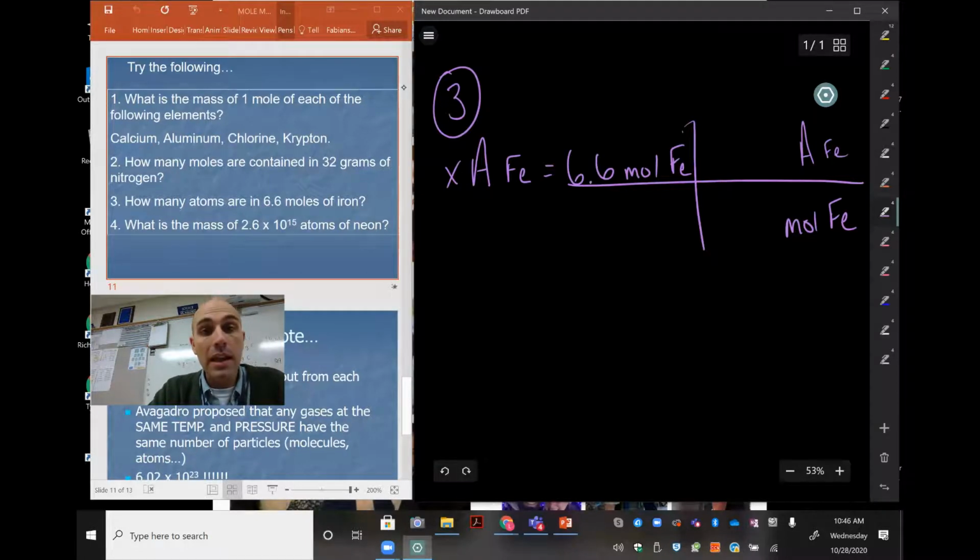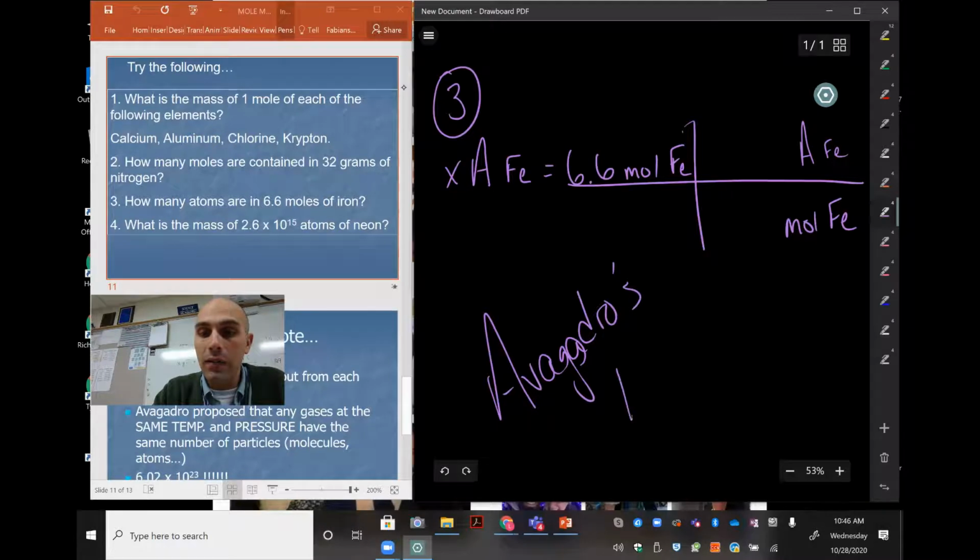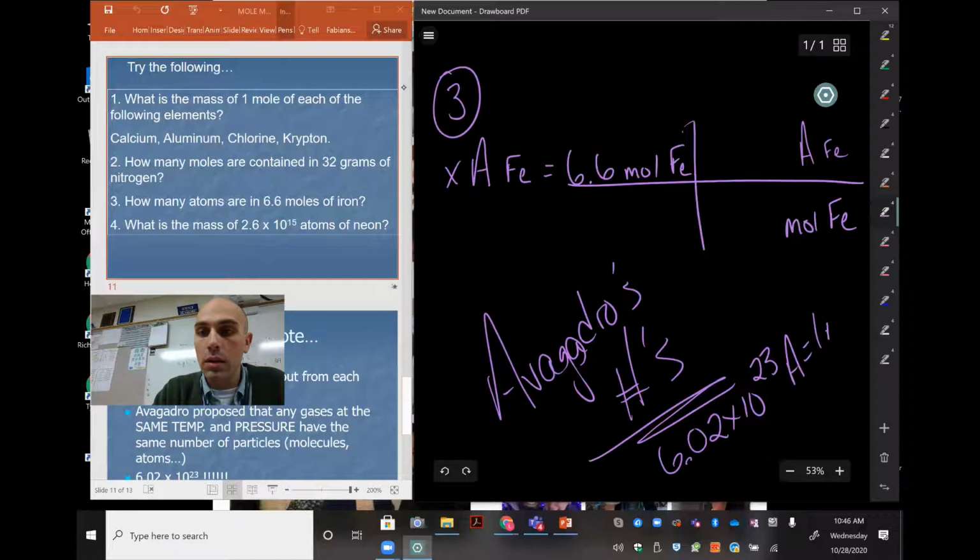Now, the question becomes, what is the relationship between atoms and moles? And if you remember correctly, that relationship is very important. It is Avogadro's number. 6.02 times 10 to the 23rd atoms equal 1 mole. And that is the same regardless of what element you are talking about.